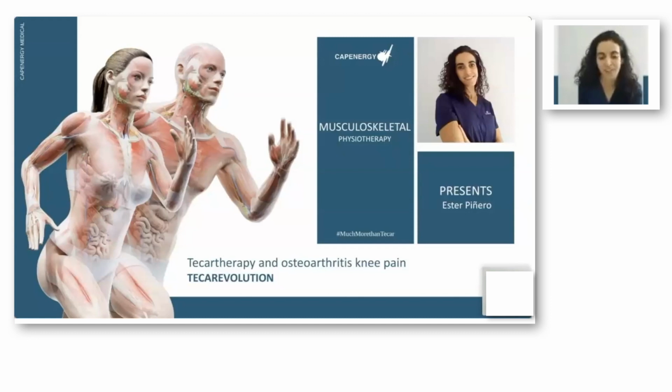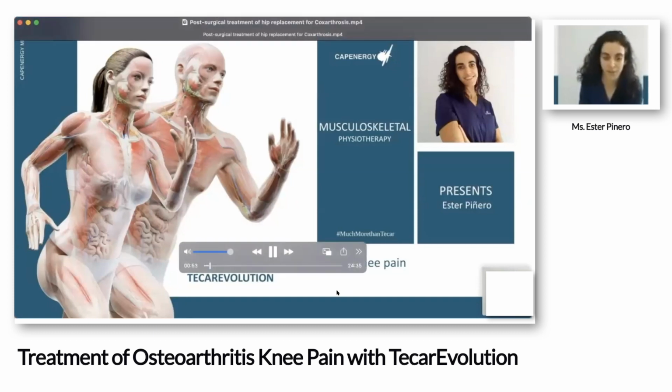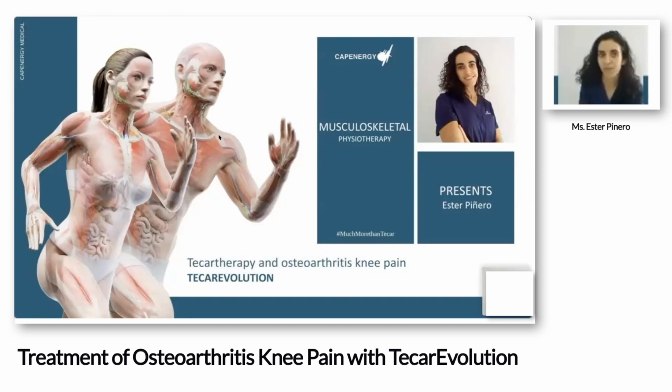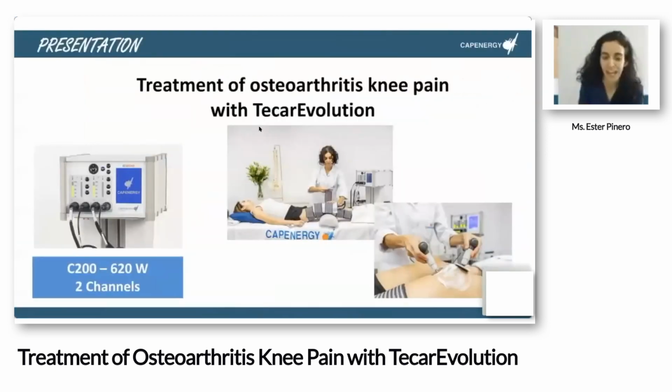Here we have. Today we are going to talk about TECAR therapy and osteoarthritis knee pain, and how TECAR Evolution can be useful for this pathology. We know that TECAR Evolution devices have several characteristics that are very important to know what we are doing.